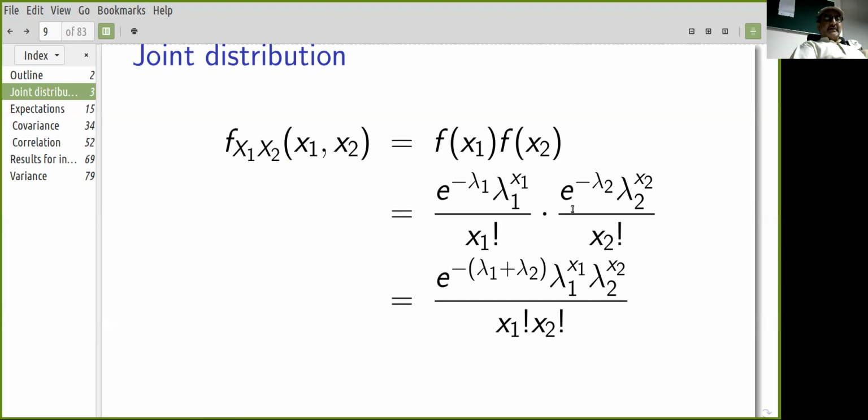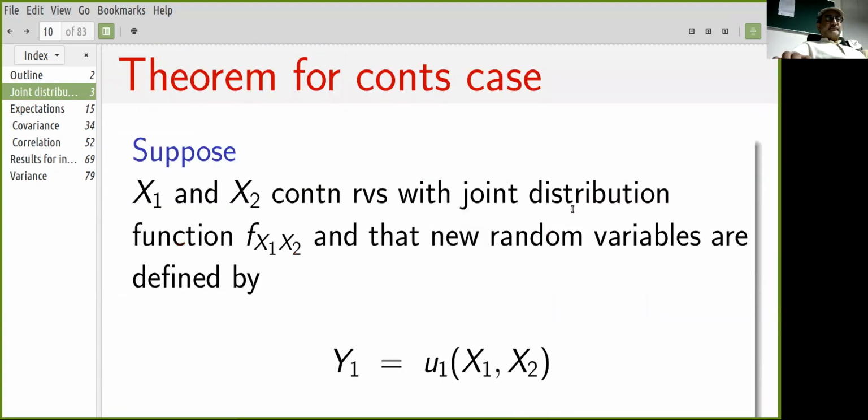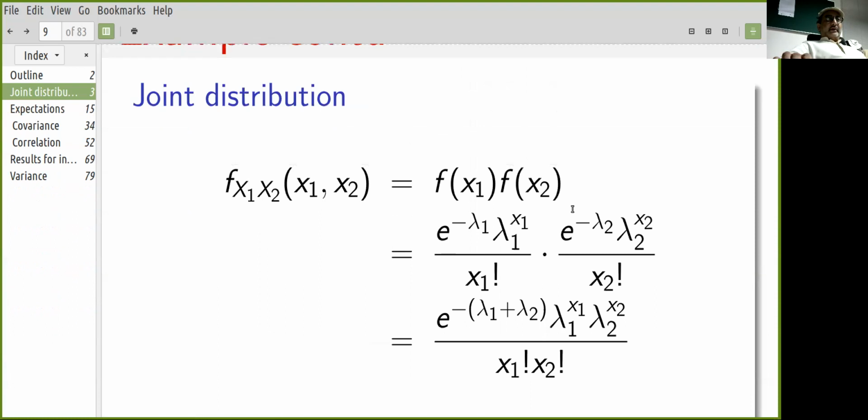Then this will give us e to the power negative (lambda 1 plus lambda 2), lambda 1 to the x1, lambda 2 to the x2, over x1 factorial, x2 factorial. This is how we would find the joint PMF in this case for x1, x2.